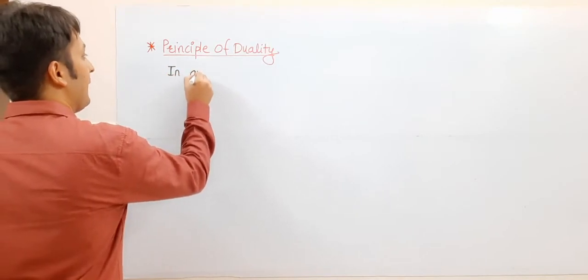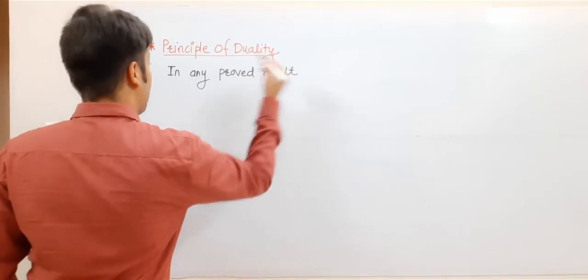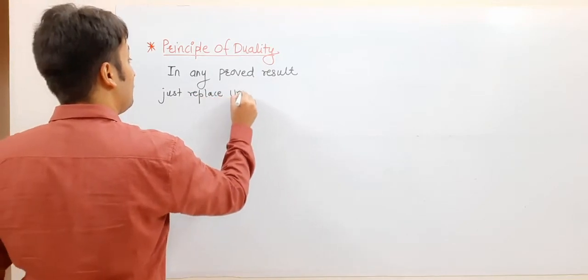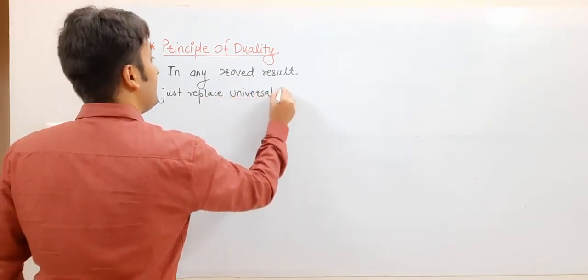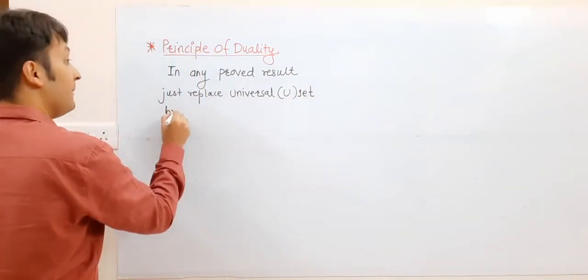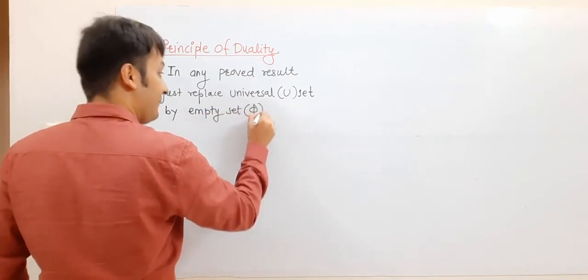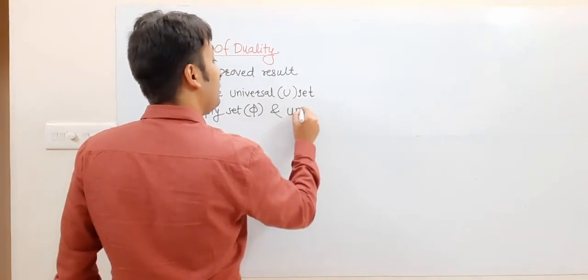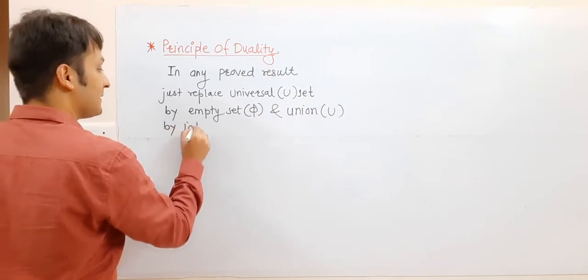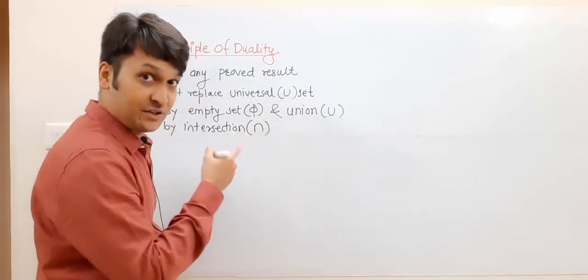In any proved result, just replace universal, that means the U symbol, by empty set, that is phi, and union, the symbol, by intersection.